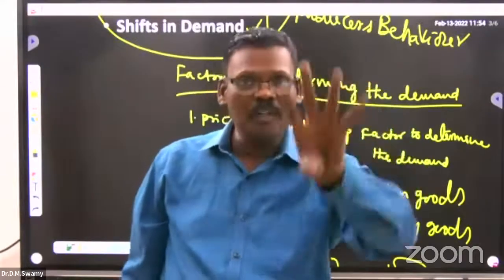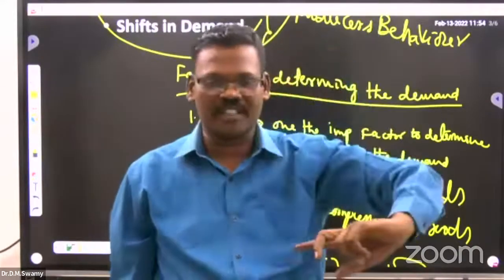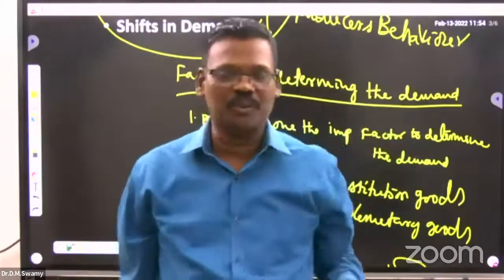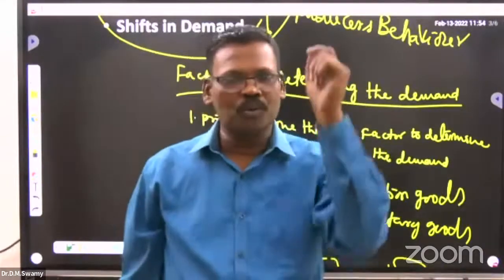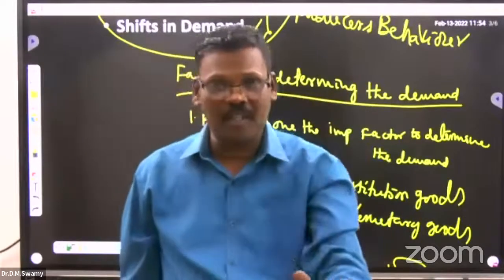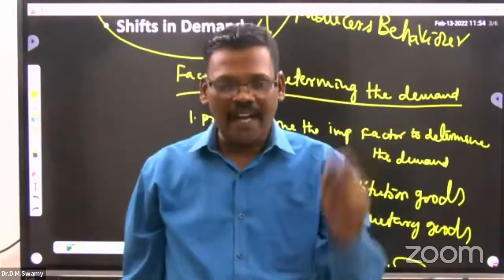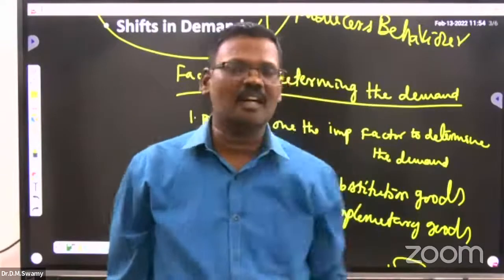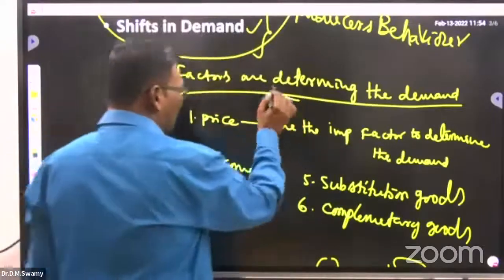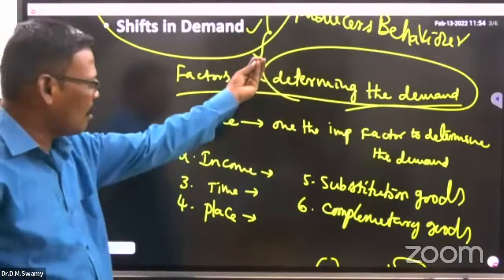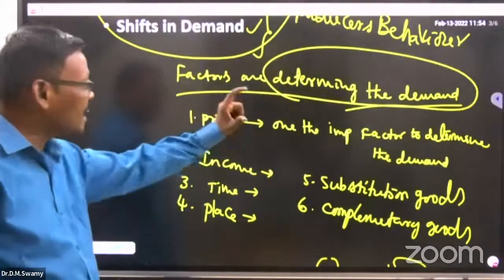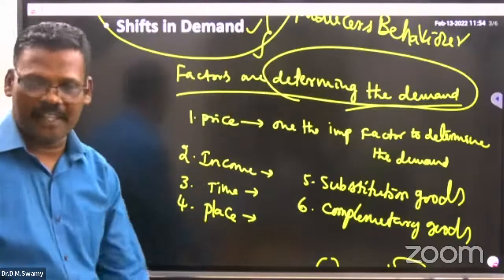Any one of the commodities we use to get our satisfaction. This is called substitution goods. The substitution goods, complementary goods, price of the commodity, income of the consumer, time, place, all these things determine the demand. That's why all these factors are called determinant factors of the demand.